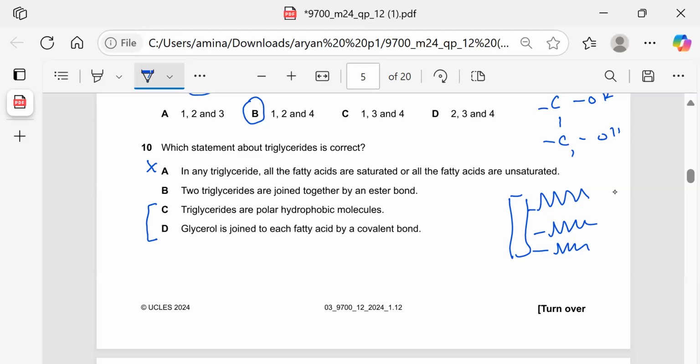Yes, phospholipid is a molecule which has a polar head and a non-polar side, but in triglyceride, there is no uneven distribution of charges. It cannot be divided into polar and hydrophobic. So we are left with the choice D, and D is basically a glycerol, and glycerol is joined to fatty acid by covalent bond. Okay, this is basically a covalent bond.